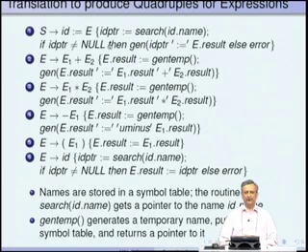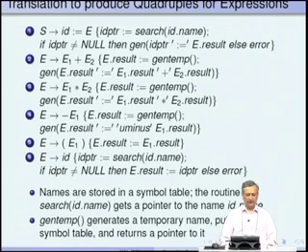Here is an example of translation to produce quadruples from arithmetic expressions. So, let us go through it step by step. The grammar is a very simple grammar. S going to ID equal to E is the production for assignment.